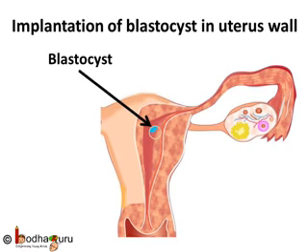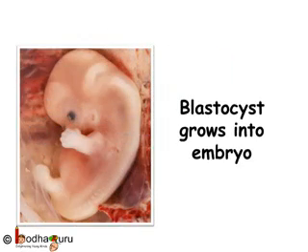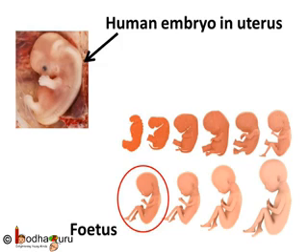We all know that nutrients are required for the growth of an organism, and the embryo gets all the nutrients from the mother's body through this connection with the uterus. Then that mass of cells develops further. Cells form different tissues, and different tissues together form primary organs. Thus, a mass of cells turns into an embryo. The embryo keeps growing with time.